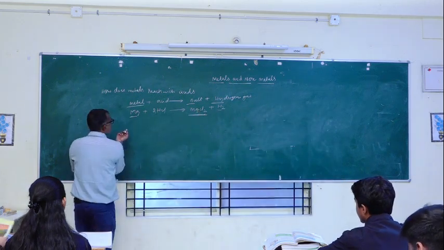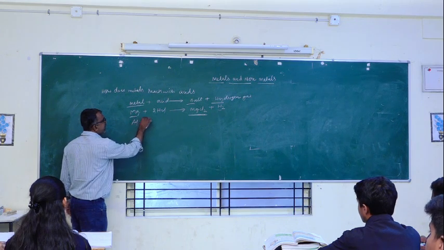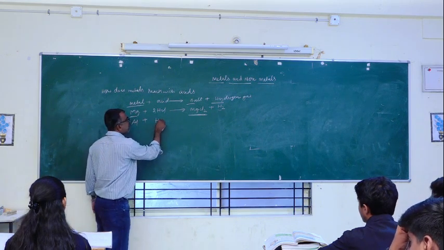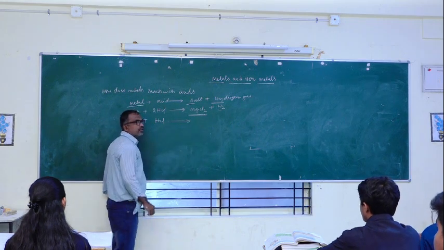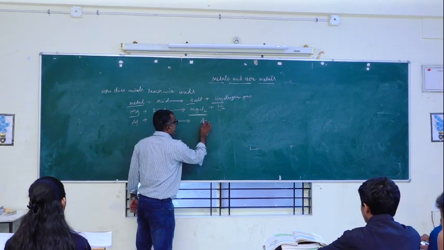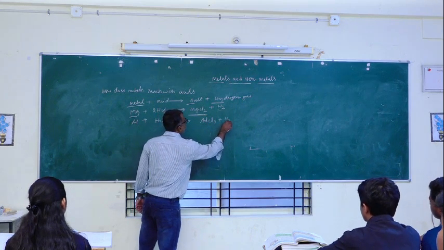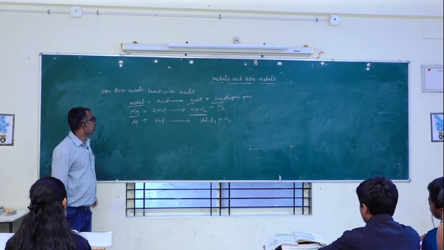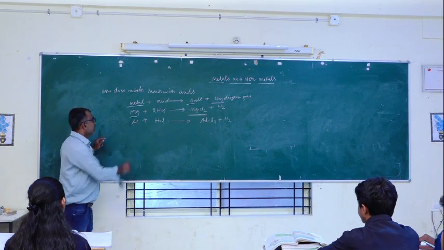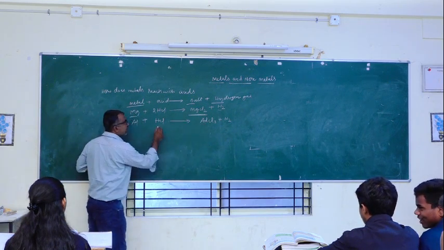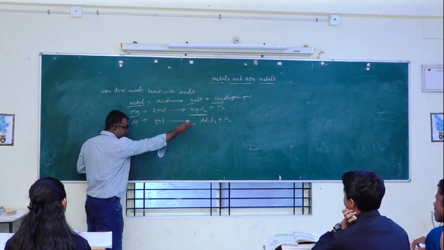Aluminium symbol Al. Aluminium reacts with HCl, giving rise to AlCl3 plus H2. Then balance the equation. Al here, H is here 1, there 2.